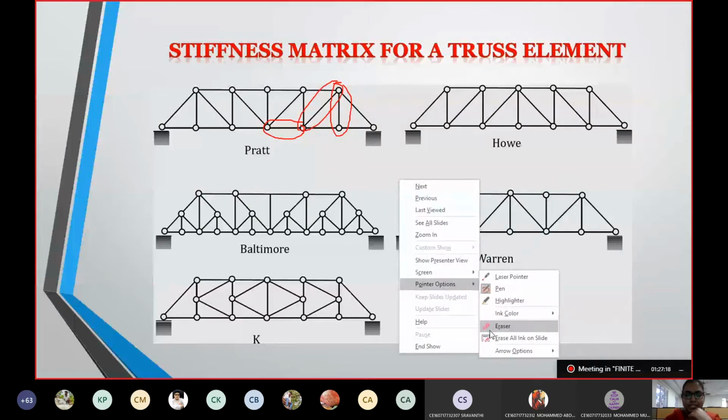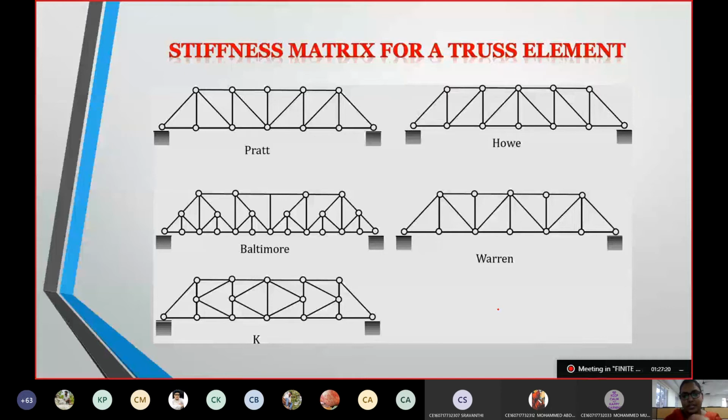You can see many types of trusses in front of you. In all the truss members, you can commonly find three types of elements. One is horizontal, one is inclined, and the other one is vertical.